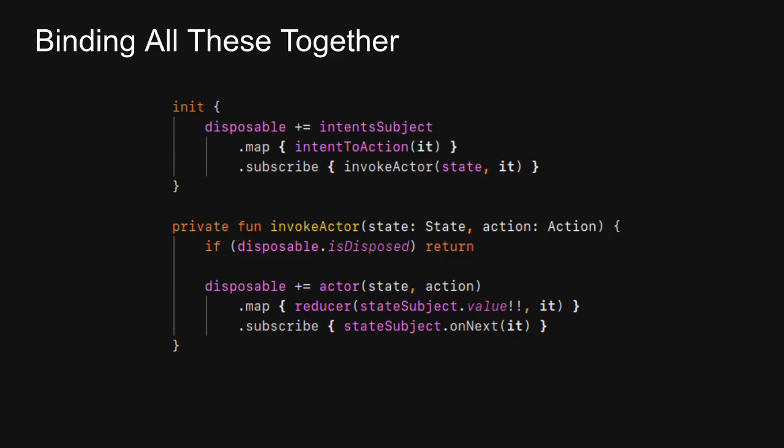This invoke actor function is just executing the actor function and then mapping the result of actor, that is an effect, into a state value using the reducer function, because the output of reducer is the state. And then in the subscribe function, I am just pushing this result of the reducer function, that is the new state, into the state subject. So whoever is listening to my state subject can get notified about the new states.